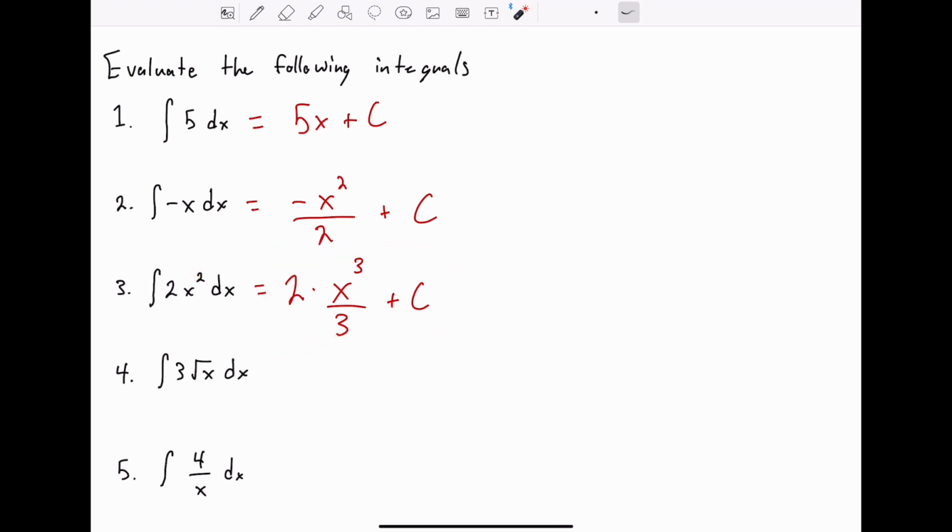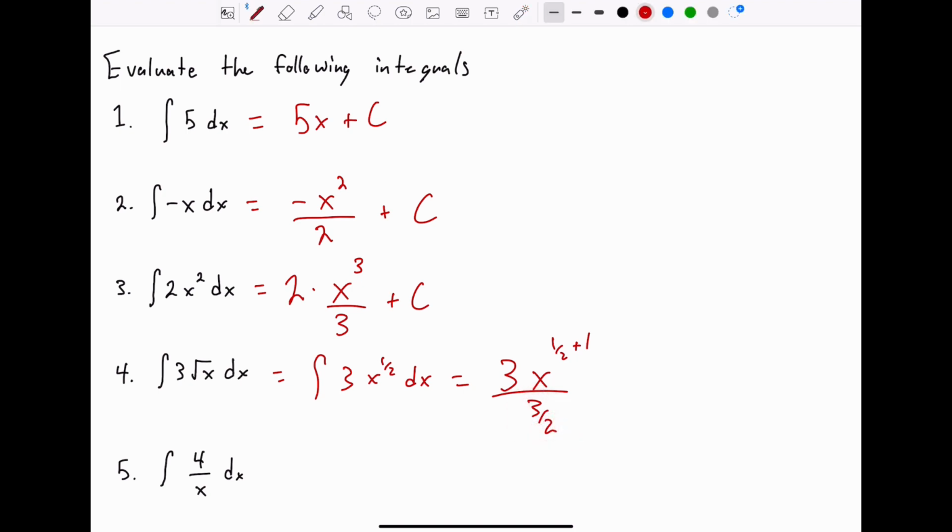Problem 4, we want to rewrite the square root as 3 times x to the 1/2, and we can once again apply the power rule. We increase the power by 1, x to the 1/2 plus 1. That would be 3/2. We divide by 3/2. Instead of dividing by 3/2, which is a little bit messy, I prefer to simply multiply by the reciprocal.